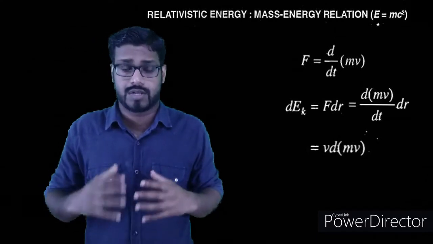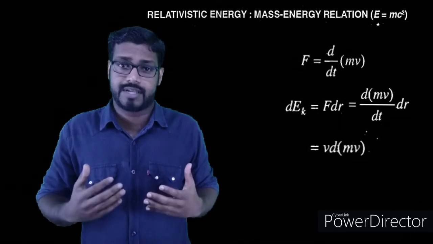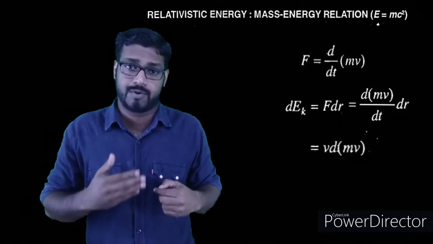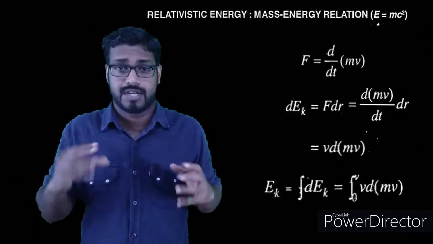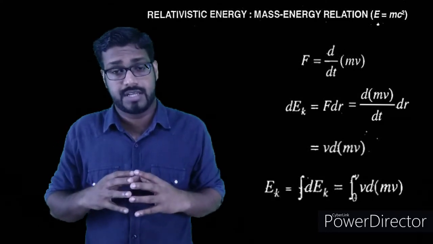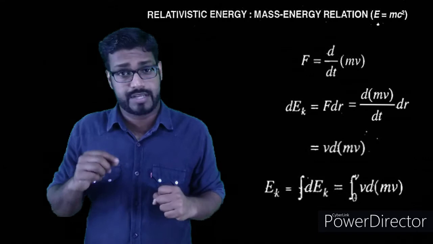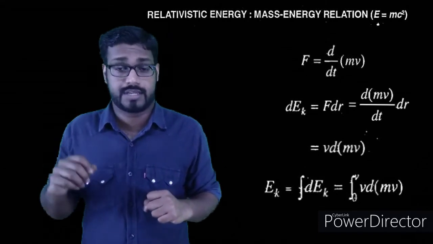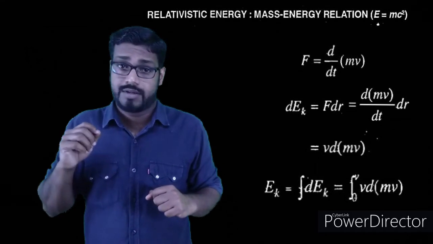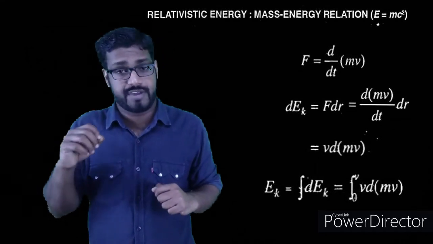In order to find the total kinetic energy, we have to integrate the change in kinetic energy from a velocity v is equal to 0 to a velocity v is equal to v. So the total kinetic energy Ek is equal to the integral of dEk, which is equal to the integral from 0 to v of v into d of mv.